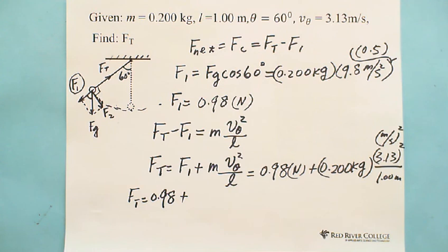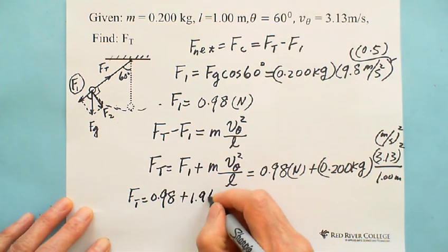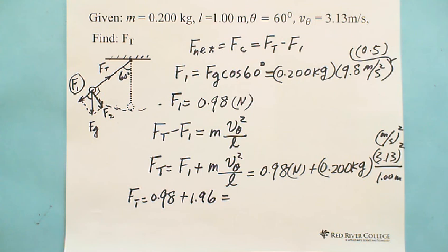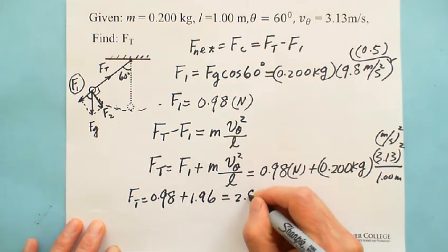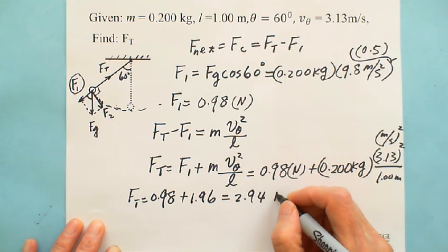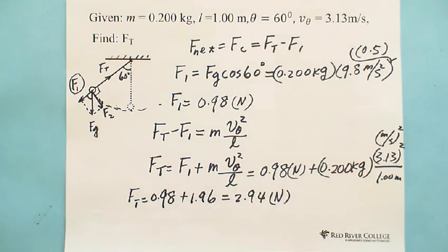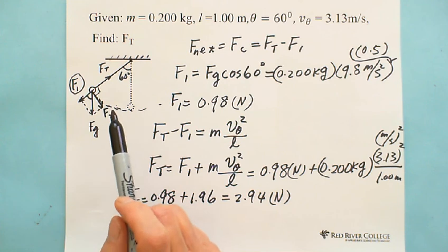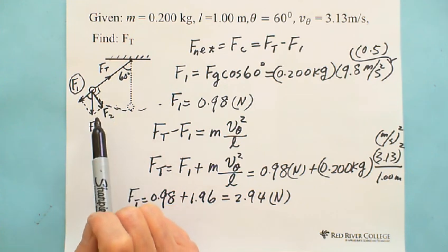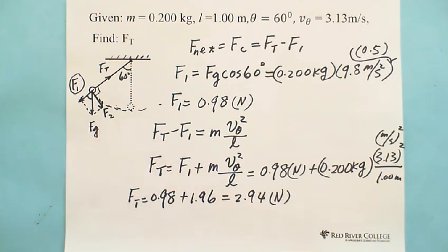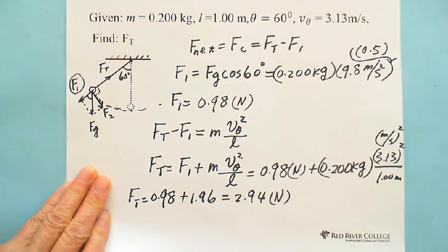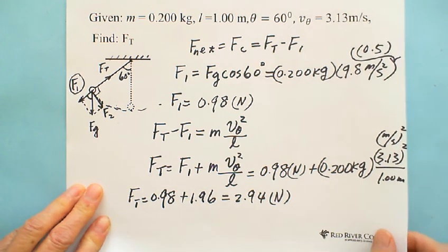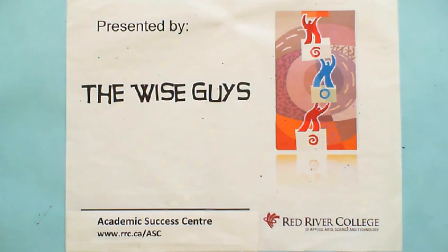We got 1.96, and then plus 0.98 gives us 2.94 Newton. So at this moment, the tension force is 2.94 Newton. This shows that in this situation we need to get the component of Fg, then calculate the tension force. Thank you.